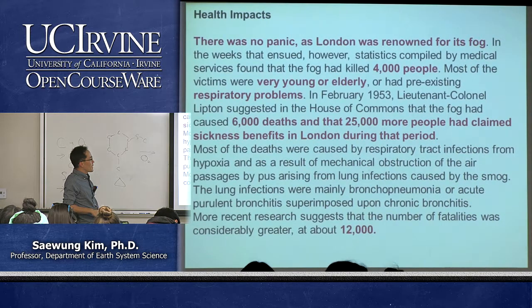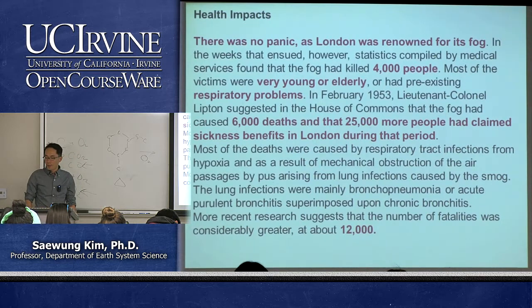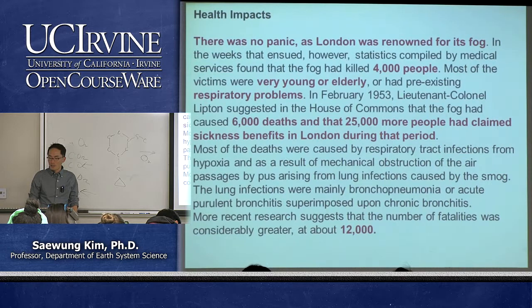In terms of other injuries and health-related issues, the number of people who suffered was somewhere around 6,000 to 25,000. It was a mass-scale event at that time, so humongous. We call this particular type of air pollution problem London-type smog.